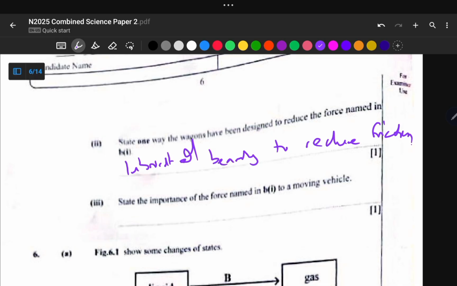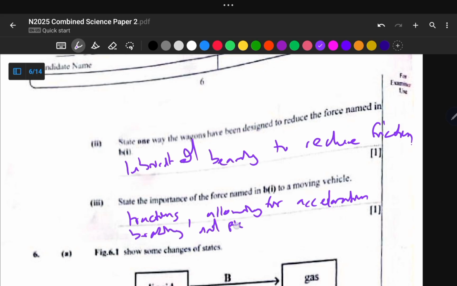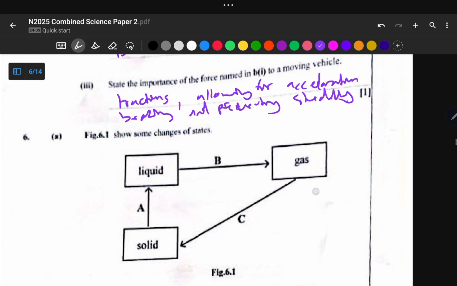So friction provides traction to the moving vehicles. It is also allowing for acceleration, braking, and also preventing skidding. Are we together? As simple as that. And then we go on to the next part.